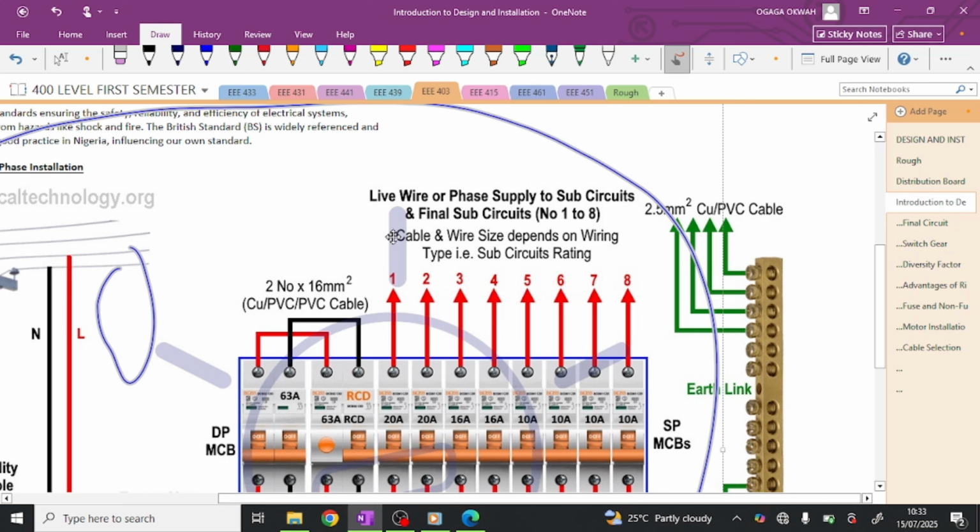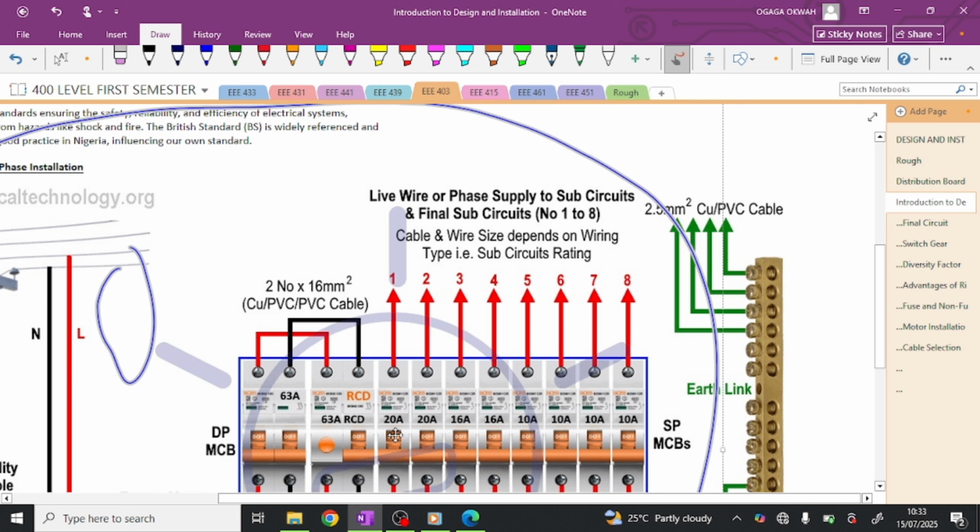The rule is that the total, or the sum, of the load connected to this miniature circuit breaker, the sum of the rating, you have a bulb of 1.5 amps or 0.3 amp or whatever rating, another bulb, and a ceiling fan, different loads connected. The sum of their ratings should not be more than this.